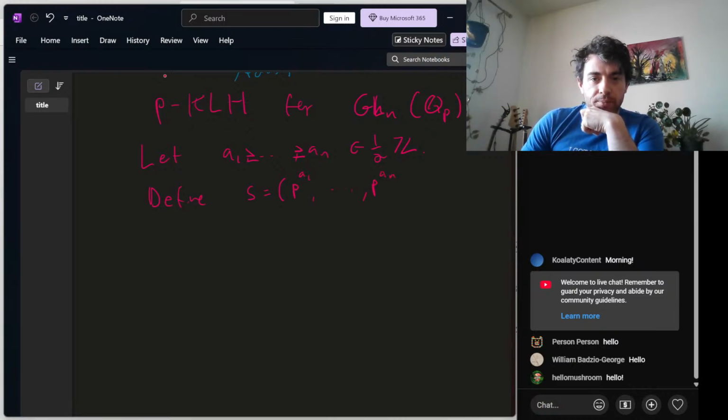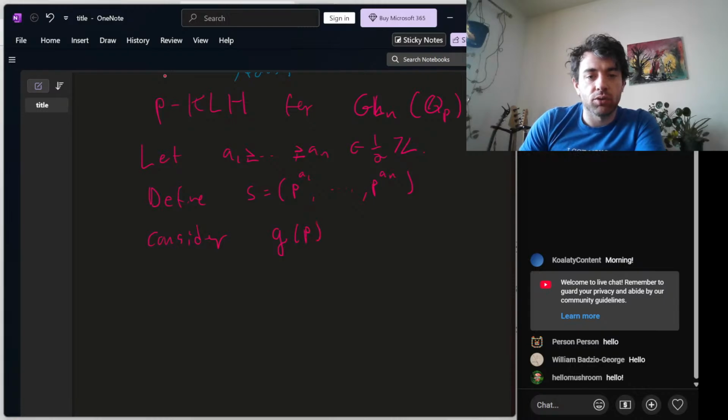The order shouldn't matter though. Let S be this complex matrix, and consider the Q eigenspace of conjugation by S, where G is the Lie algebra of the complex version of GLN.